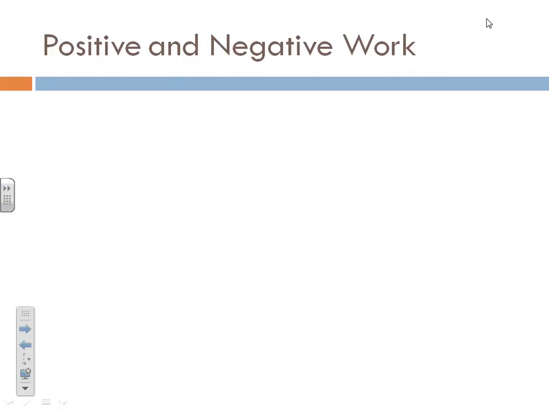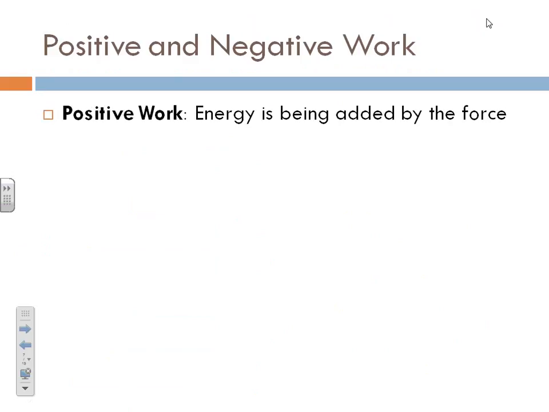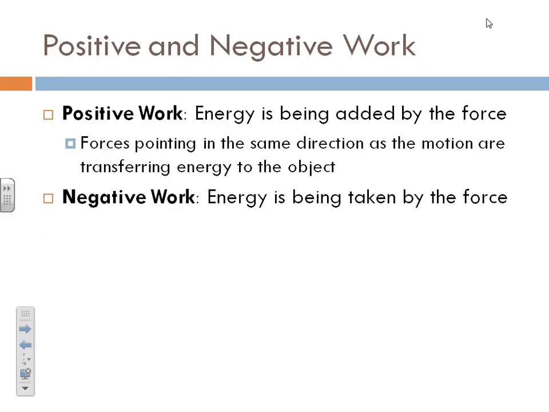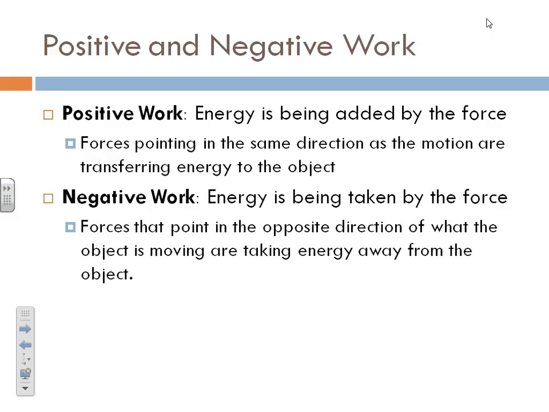So that brings up the discussion about the positives and the negatives. Positive work means that energy is actually going to be added by the force. Forces that are pointing in the same direction of the motion are transferring energy to the object. When you're doing negative work, you're actually taking energy away, so you're removing energy from the object.